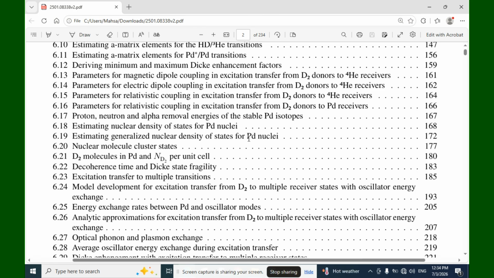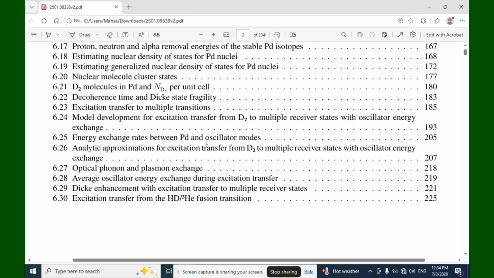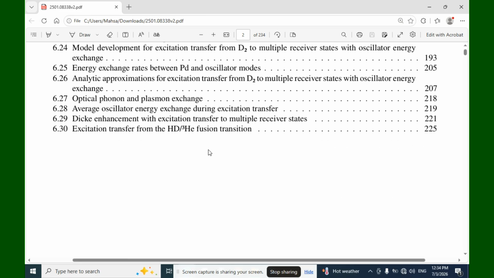Nuclear molecular cluster sets, deuterium molecules in palladium and in deuterium peroxide, the coherence time and decay state fragility, excitation transfer to multiple transitions, model developments for excitation transfer from deuterium to multiple receiver states with oscillator energy exchange, rates between palladium and oscillator modes, analytic approximations for excitation transfer from deuterium to multiple receiver states with oscillator energy exchange.